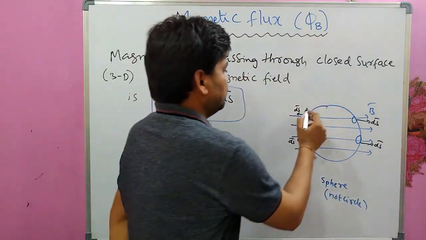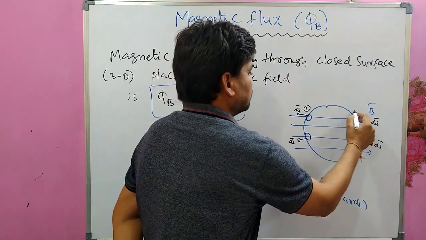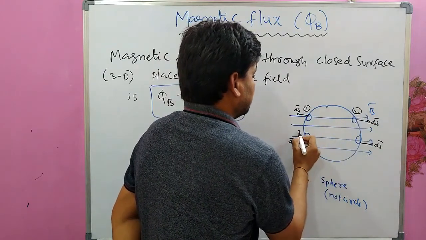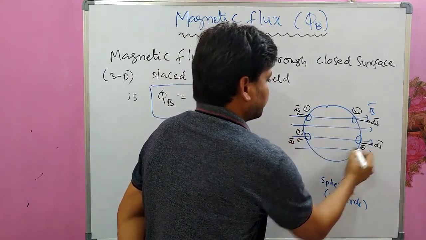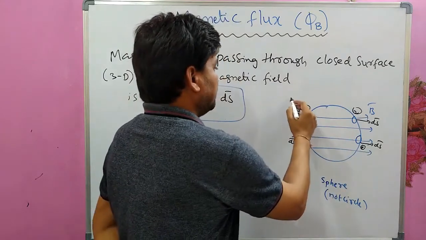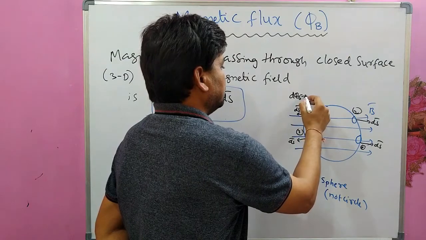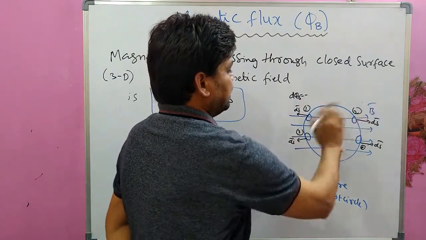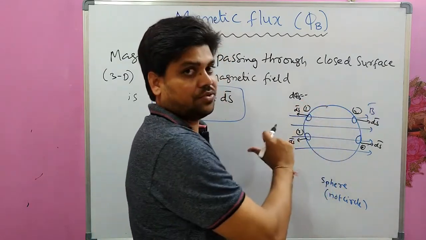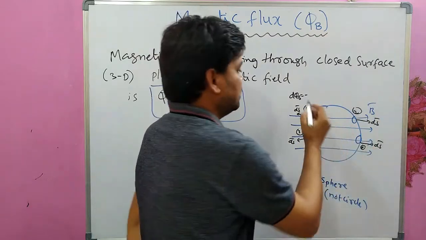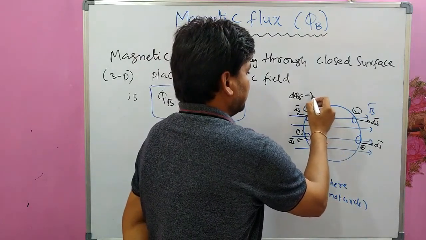And if you see, this is 1, this is 2, this is 3, and this is 4. Here d phi B is, you can say, B bar is that side and dS bar is this side. So 180 degrees, almost more than 90 degrees, so it will be negative.